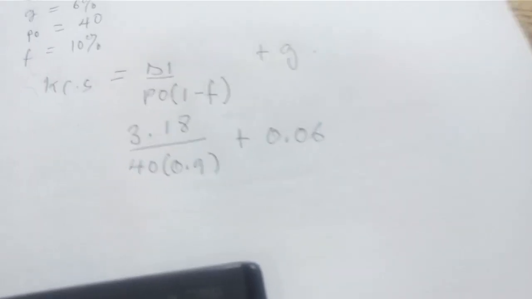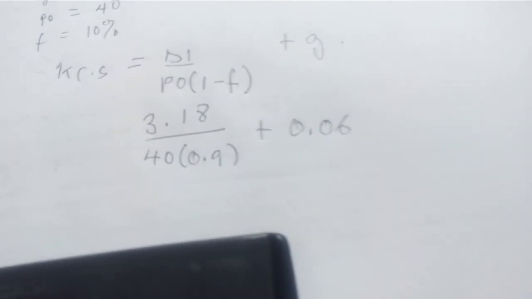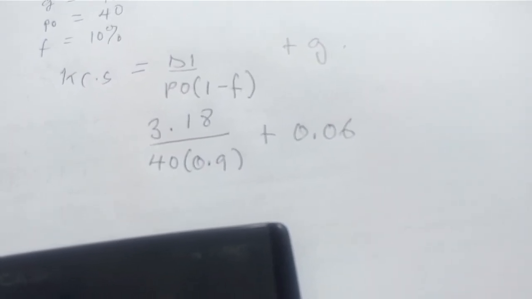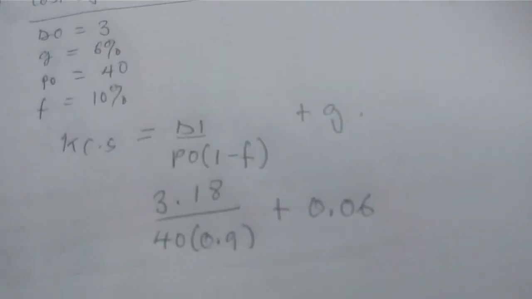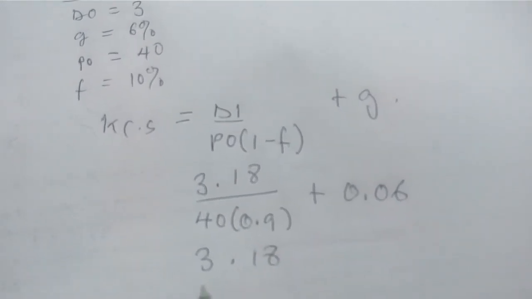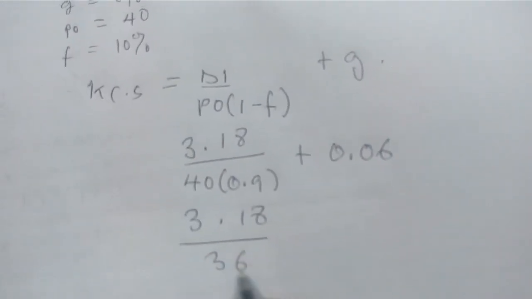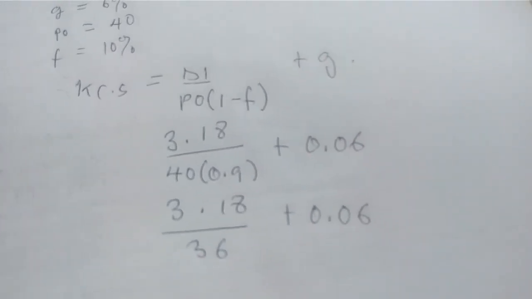Then when we calculate that, we are going to have 3.18 over 36 plus 0.06.